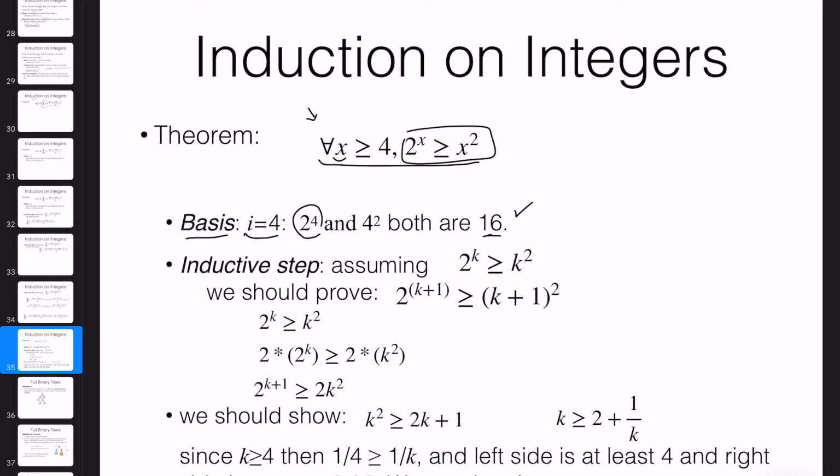The inductive step is that we assume the statement is correct for k. So this is our assumption. We want to prove that it is also correct for k plus 1. Okay, let's start from 2 power k. If I multiply 2 to both sides, I would reach this, right?